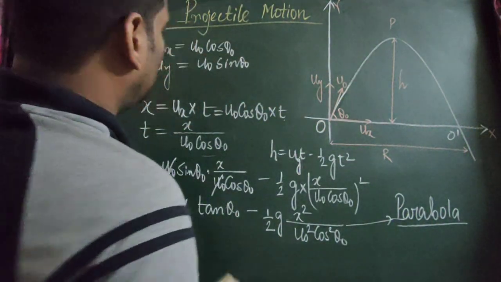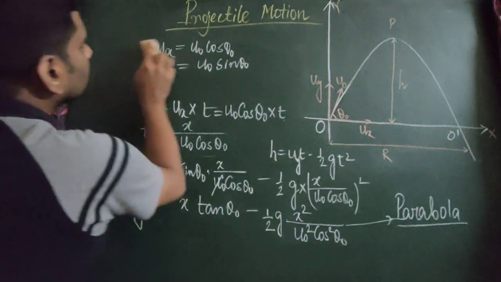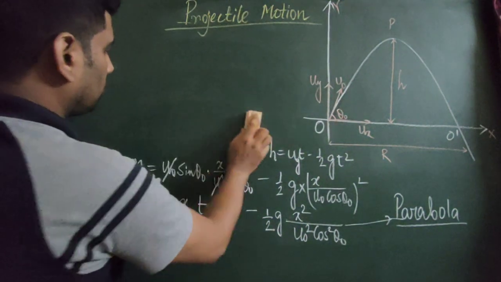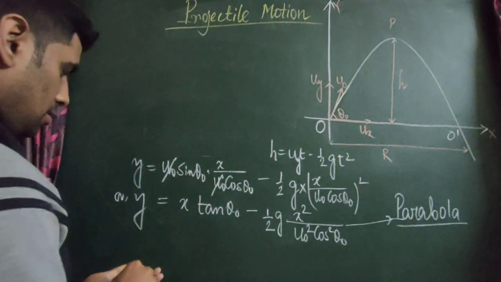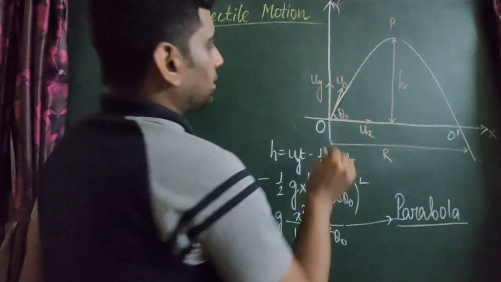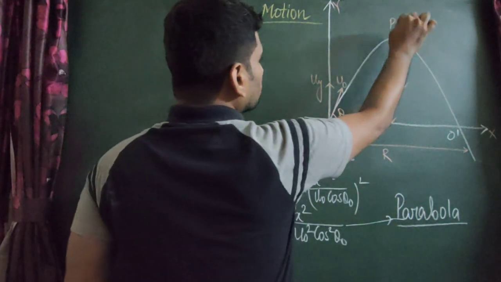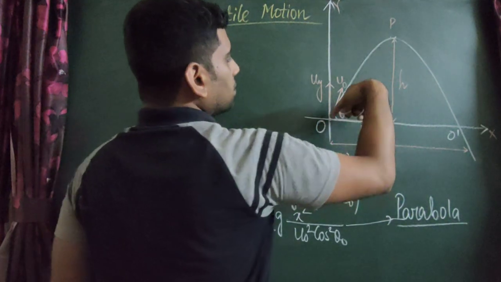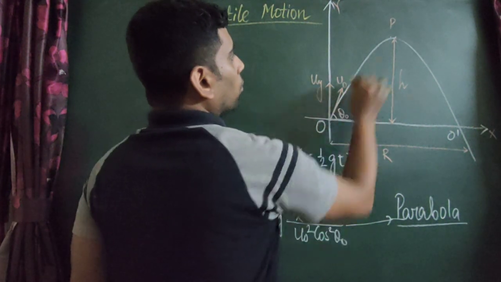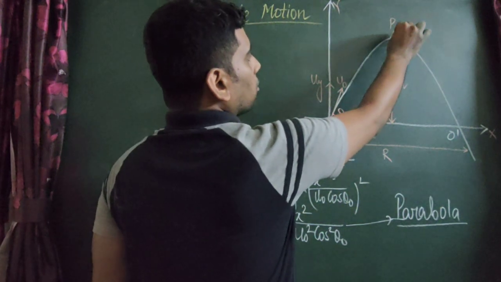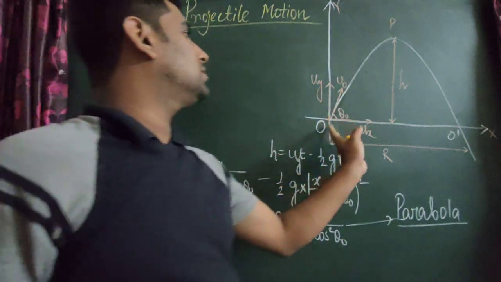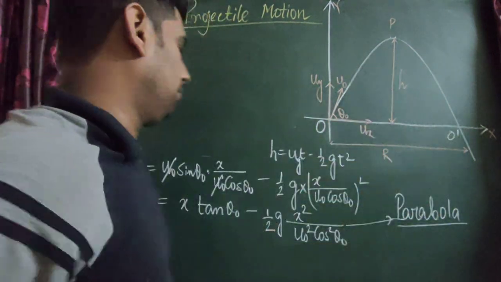So we will calculate that. First consider the motion from O to P. Remember that the time taken from O to P and the time taken from P coming down to O prime are the same.